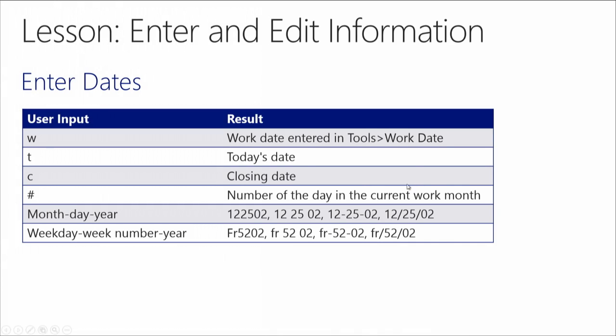Also, one that I like a lot and that I also use a lot is don't type separators. So if you have to enter a date, just type the month, day, year, or depending on the region, day, month, year, without separators. And as you will see, NAV will add automatically separators. So this will also allow you to enter date fields more efficiently. Let me show you some examples in the application.